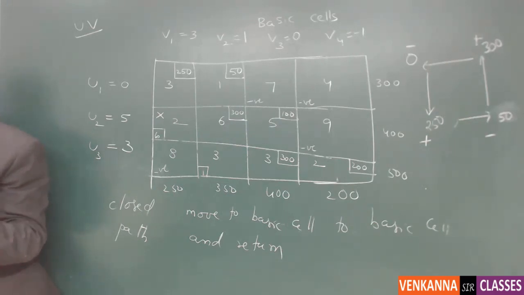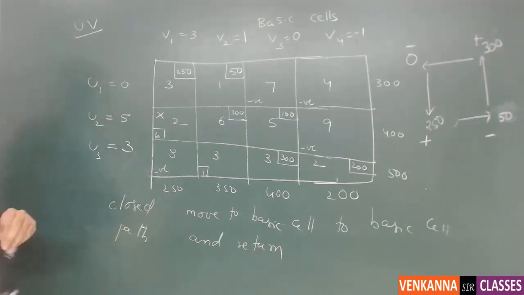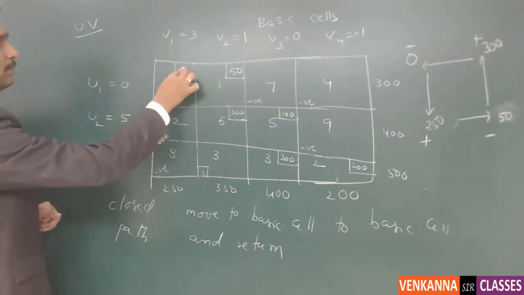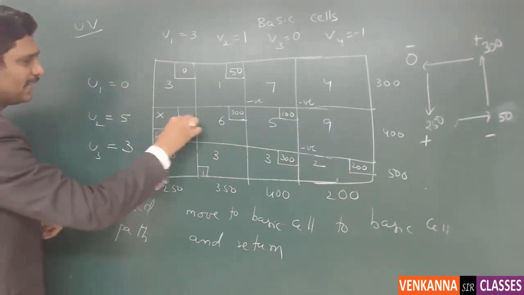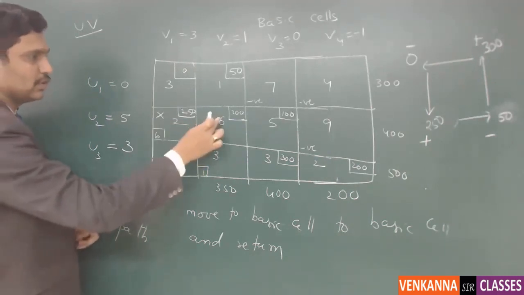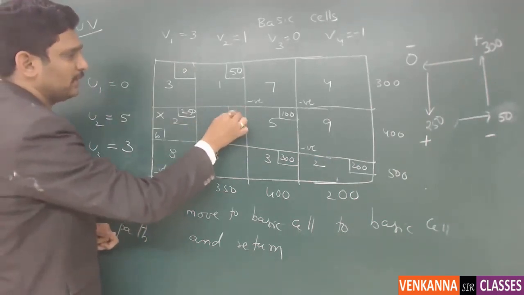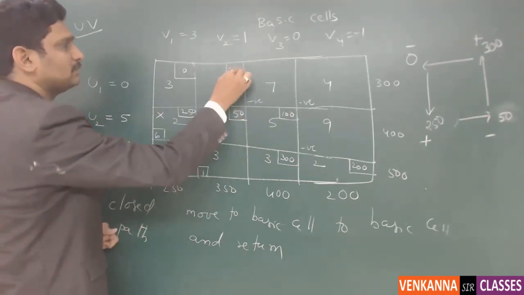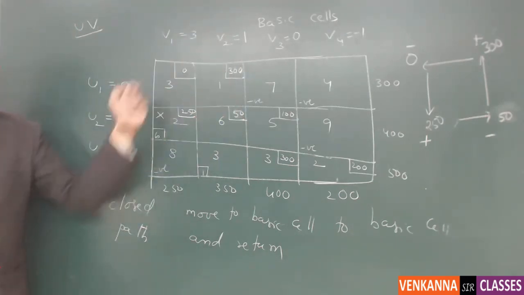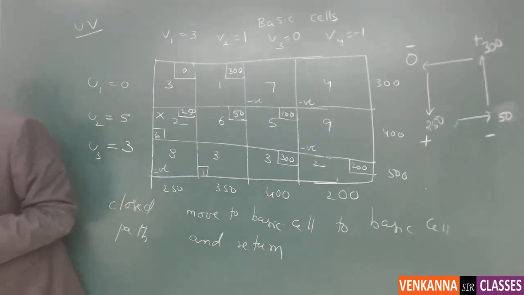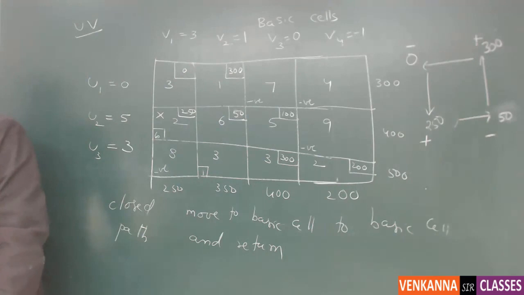I am subtracting the smallest value from the negative side ones and adding the same thing to the positive side ones, so that you have a result. So how is it coming? It will become 0. Here I have made an allocation 250. So here I am subtracting, so it will become 50. It will become 300. Does it make sense for you? How I have changed it? Please respond. If anybody has any queries, you can ask. How I did.